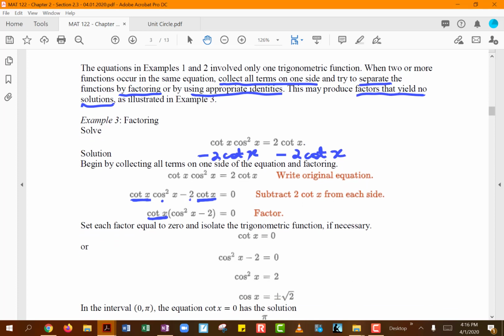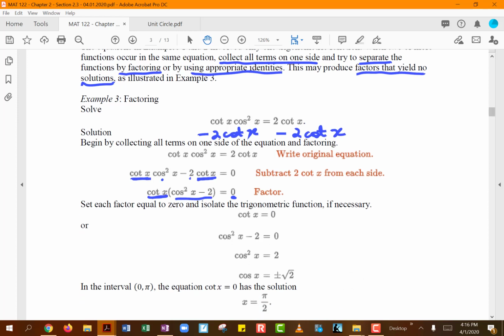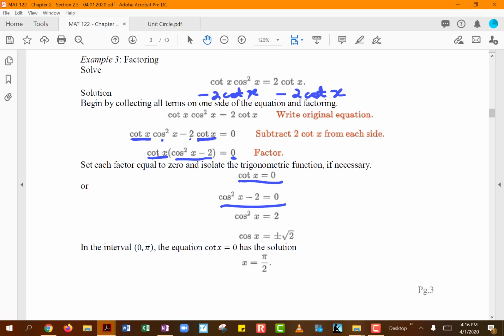And then you are going to take each factor and set it equal to 0, and see what kind of answers you come up with. So remember, cotangent function has a period of pi. So that's why we're looking at the interval from 0 to pi.